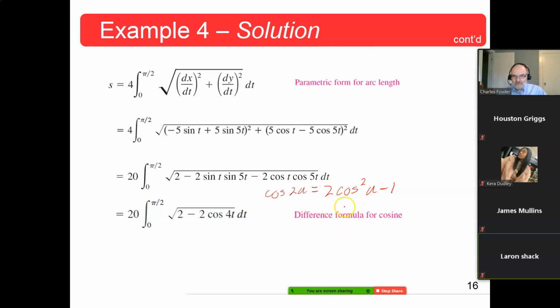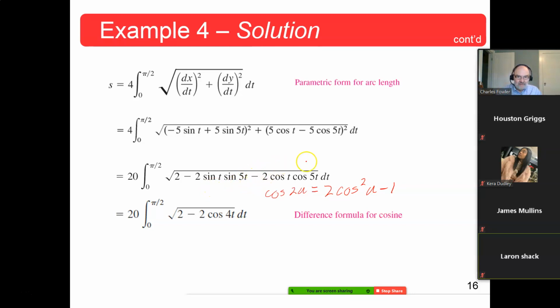I'm not quite sure how I see they did this. Let me make sure I copied that one right. Two cosine squared u minus 1. Yeah. Okay. Let's solve this for cosine squared.